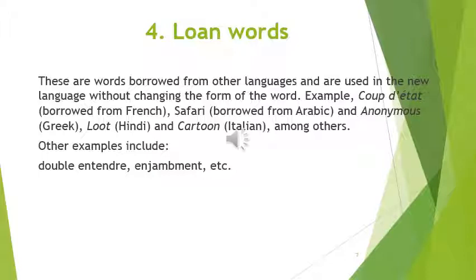For example, when we look at the word safari, it is a borrowed word from the Arabic language, and when it is borrowed, the form has not changed. That is, it is used in English without changing the form of the word.